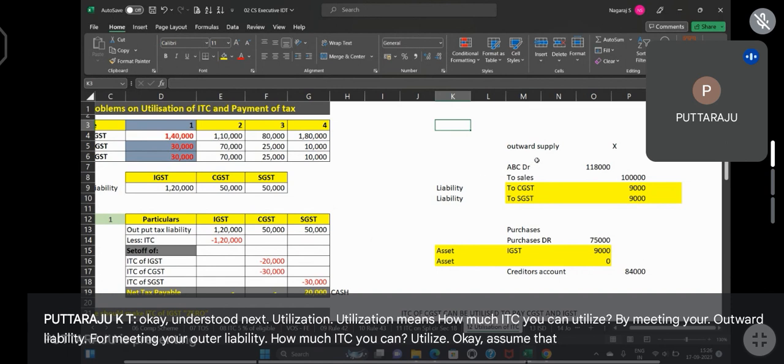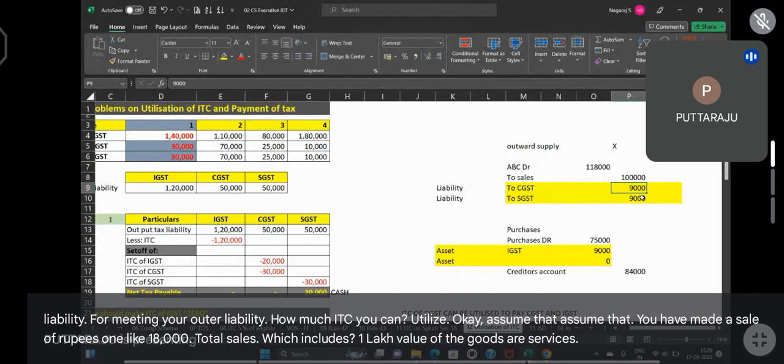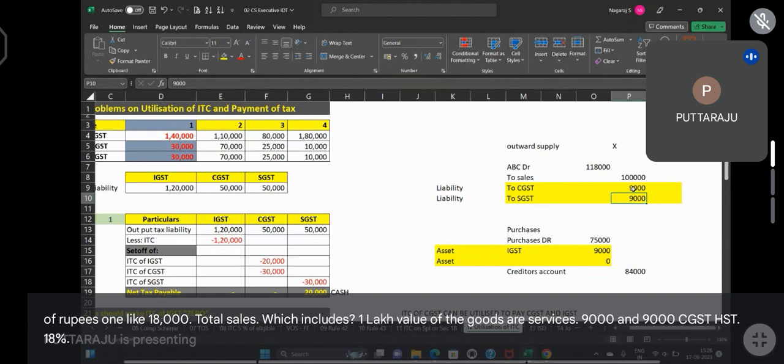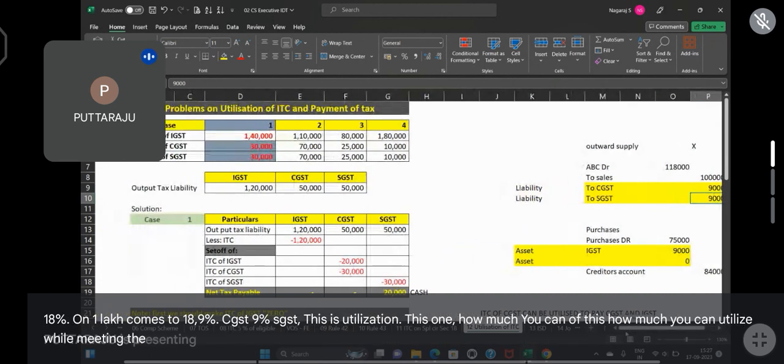Assume that you have made a sale of rupees 1,18,000 total sales, which includes 1 lakh value of the goods or services, 9,000 and 9,000 CGST, SGST, 18%. On 1 lakh it comes to 18,000, 9% CGST, 9% SGST. Of this, how much can you utilize while meeting the output liability. This is your output liability, 9,000, 9,000.